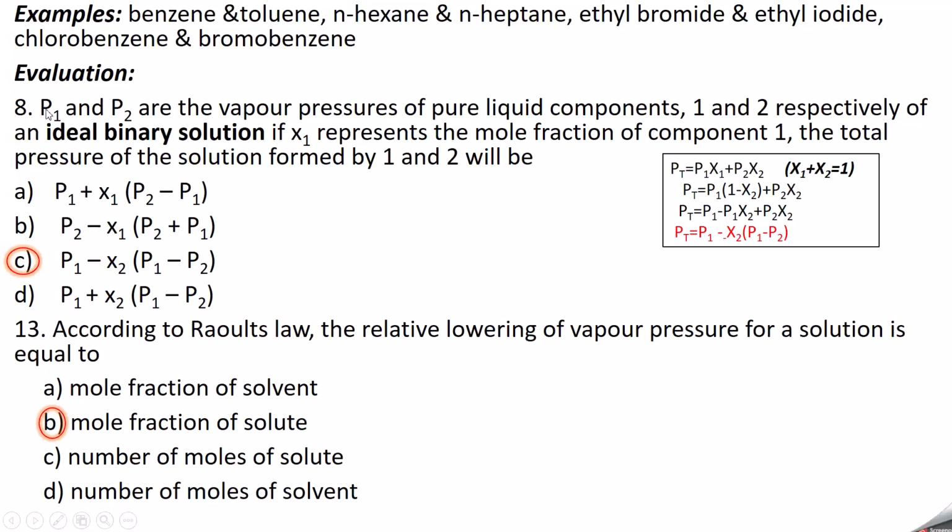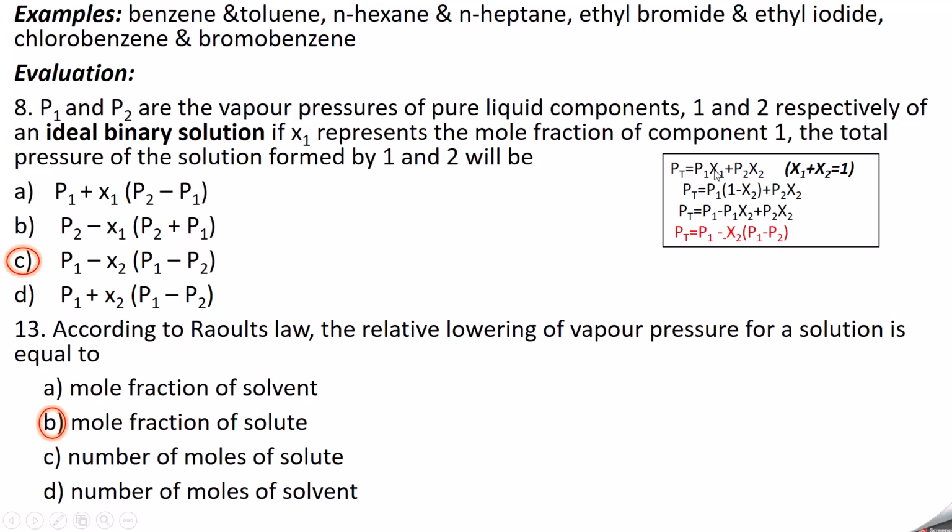You take the 8th one. P1 and P2 are the vapor pressures of liquid components 1 and 2 respectively of an ideal binary solution. If X1 represents the mole fraction of component 1, then what is the total pressure of the solution formed by 1 and 2? So two components are taken, 1 and 2, with vapor pressures P1 and P2. You can write the total pressure is equal to P1 X1 for component 1 plus P2 X2 for component 2.